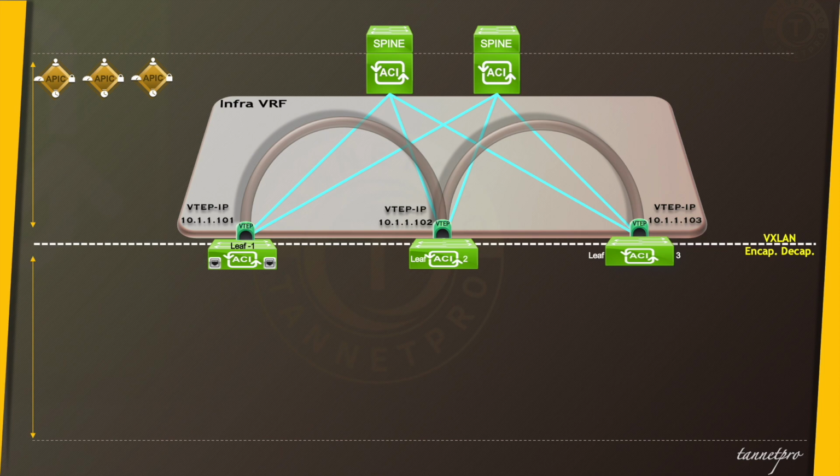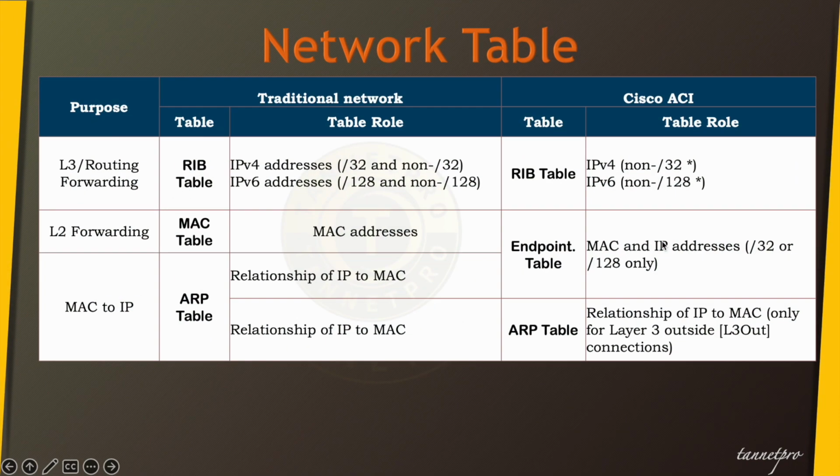So that we will understand over here. I have explained it by comparing with the traditional network: this is your traditional network table, this is your Cisco ACI network table. How do they maintain it? This is the purpose.